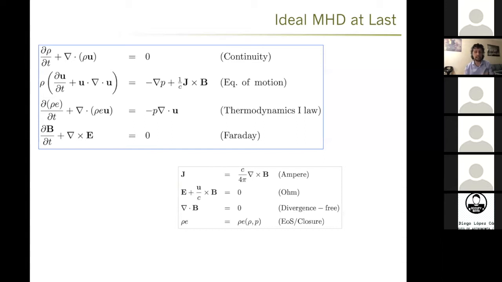An electric field appears just because the fluid is moving, as a Lorentz transformation. But honestly, MHD has zero field in the proper frame. B is divergence free, of course, and you need to assume an EOS, a closure, an equation of state that relates the internal energy to density and pressure.